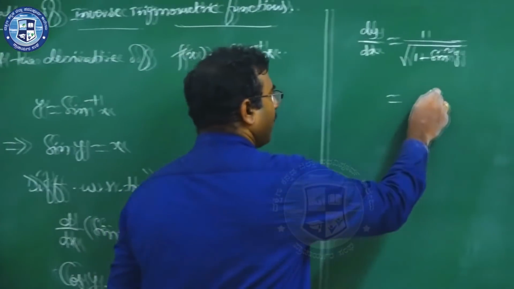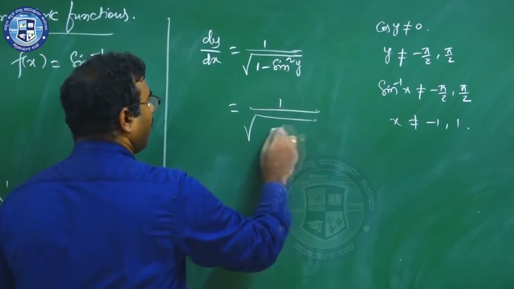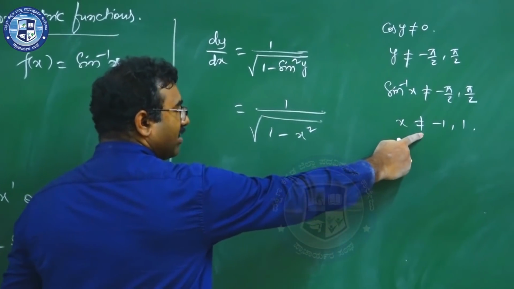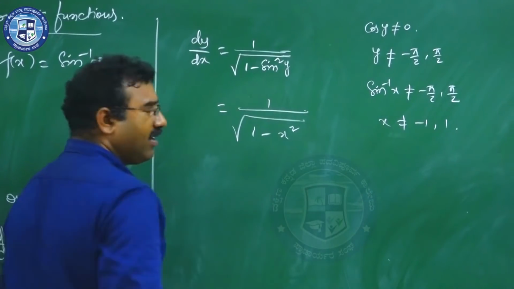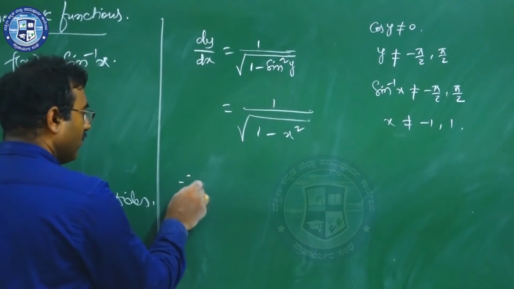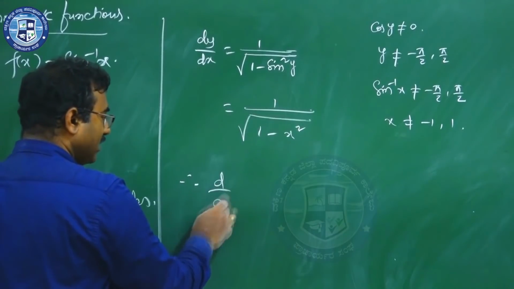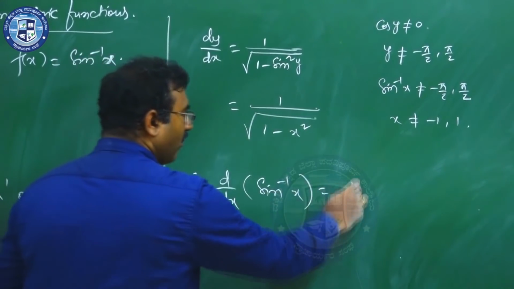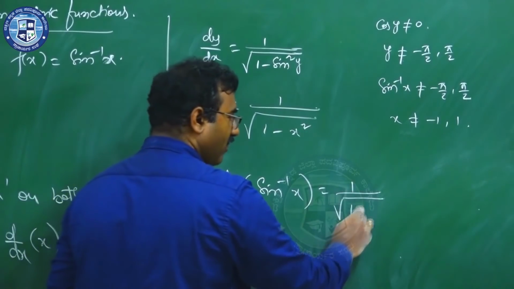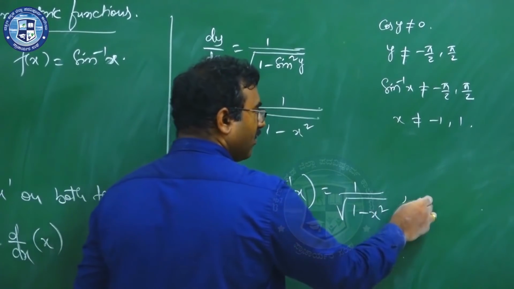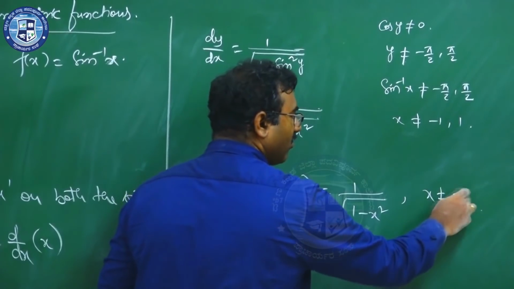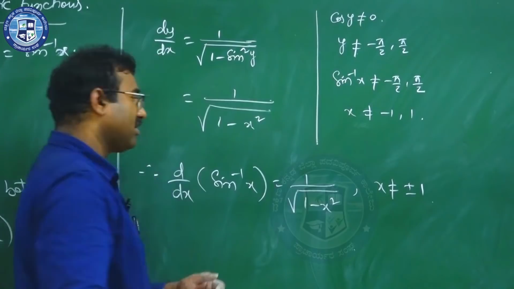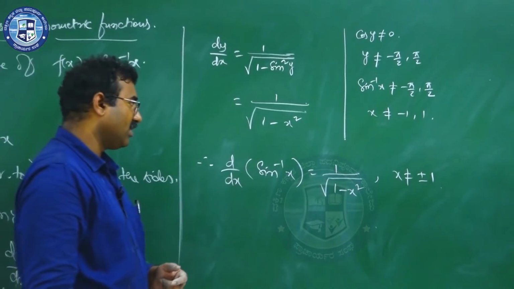So 1 by square root of 1 minus x square, with the condition x not equal to minus 1 and plus 1. So therefore d by dx of sine inverse x is equal to 1 by square root of 1 minus x square, where x is not equal to plus or minus 1.